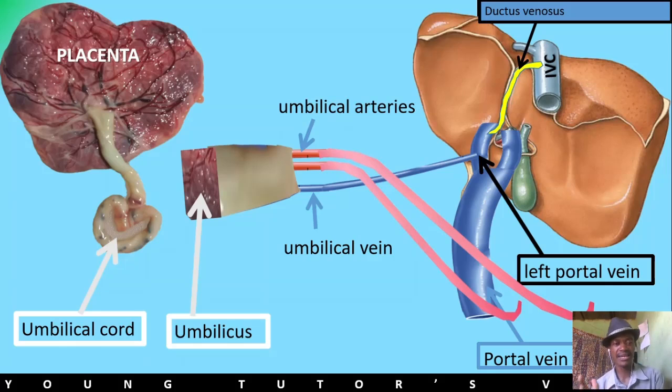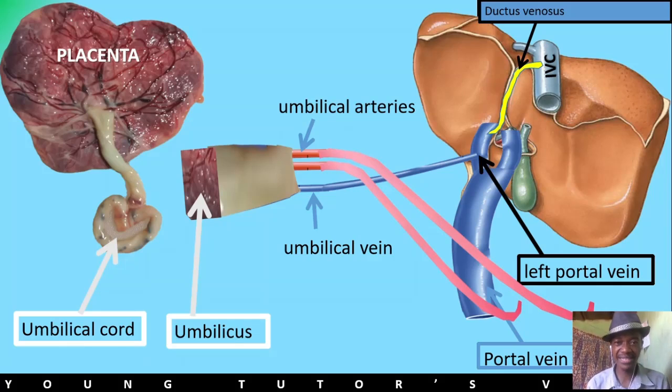Now the placenta is not there anymore, because the umbilical cord has been clamped and cut. So what happens to the umbilical vein then? Because of the ceased supply, because it's not receiving any blood right now after birth, the umbilical vein is going to lose its fibrinogen because of that lack of supply of oxygen to it.